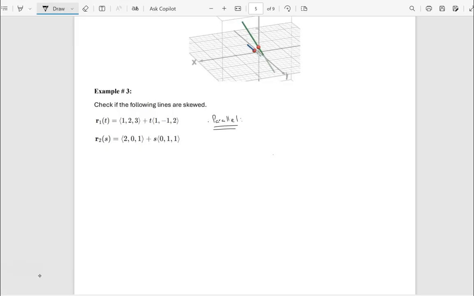Now if you're checking for parallel, this one's going to be actually very easy because you can see that your vector t cannot be expressed as a constant multiple of vector s.